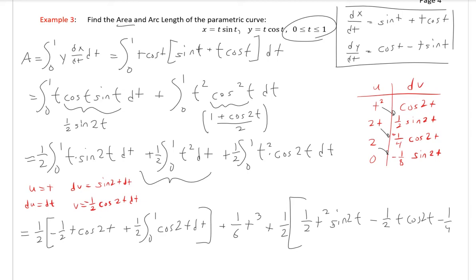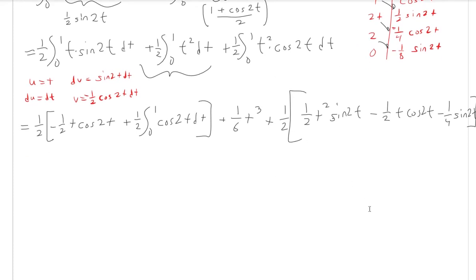I got 1/2 by 2 times negative 1/4, and 2 times negative 1/8 gives me 1/4 sine of 2t. Okay, so yeah, expanded pretty badly, but let's see what we can do here.